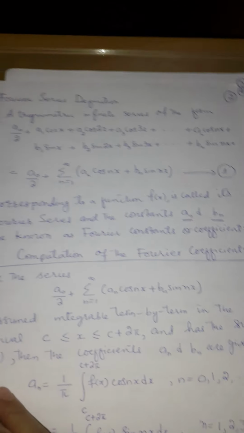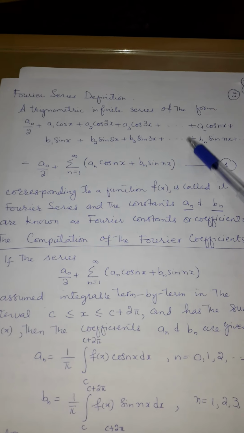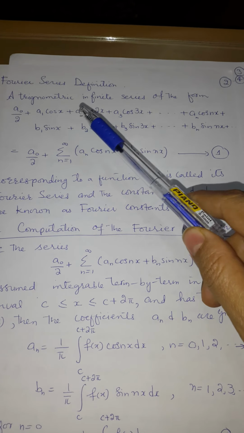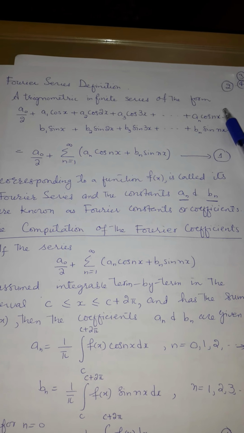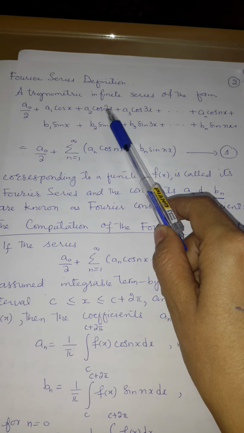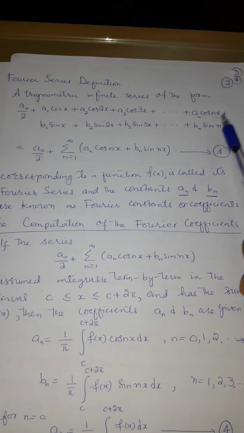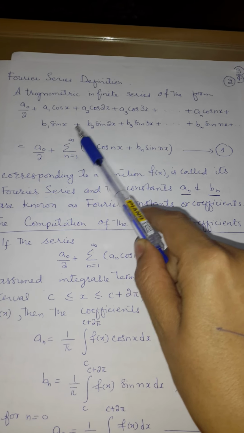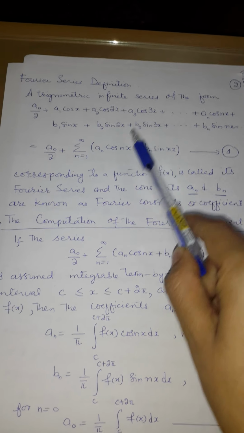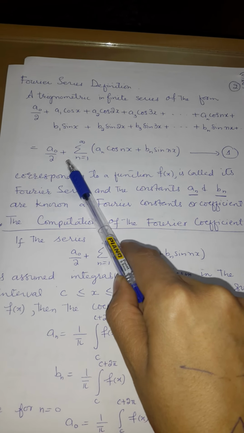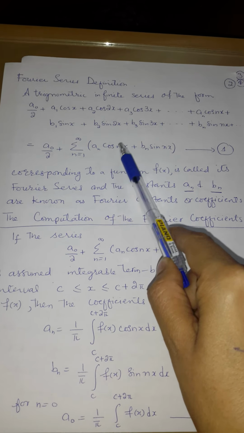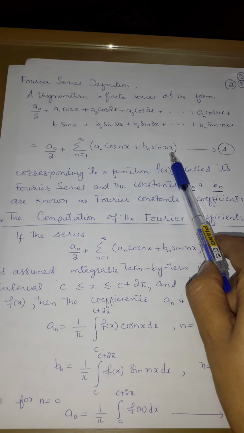Now we come to the Fourier series definition. In this we simply define a Fourier series. A trigonometric infinite series of the form a0 by 2 plus a1 cos x plus a2 cos 2x up to an cos nx plus b1 sin x plus b2 sin 2x up to bn sin nx can be written as a0 over 2 plus the series from n equals 1 to infinity of an cos nx plus bn sin nx.